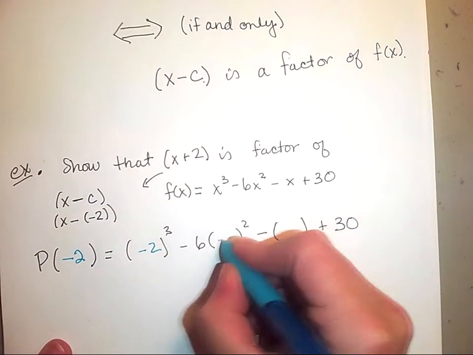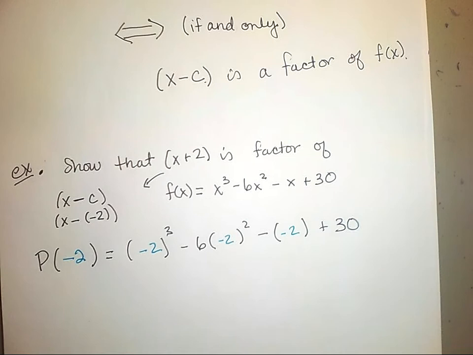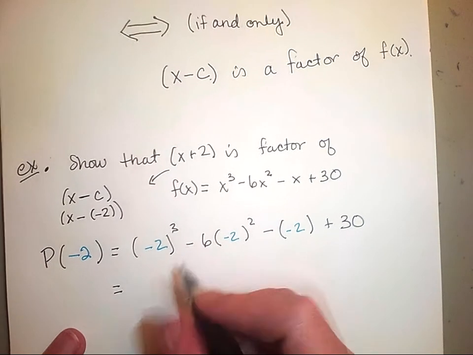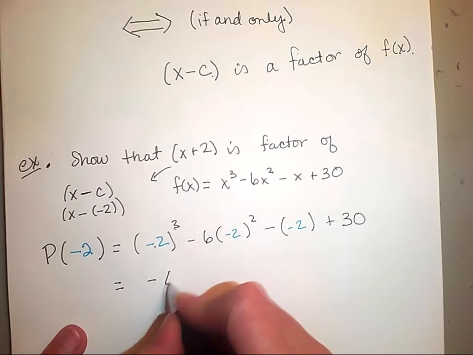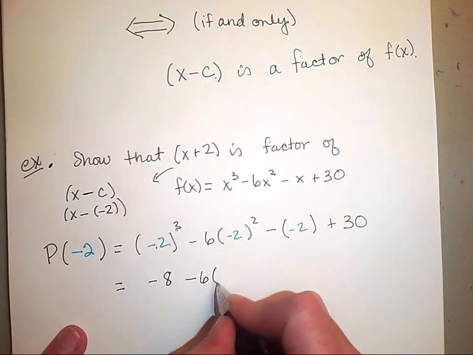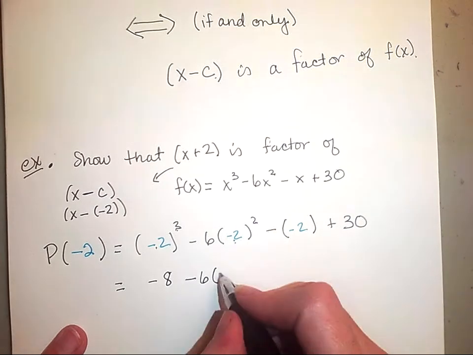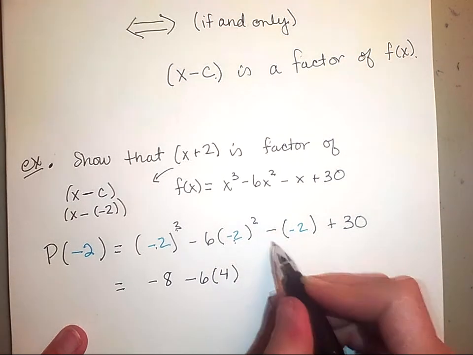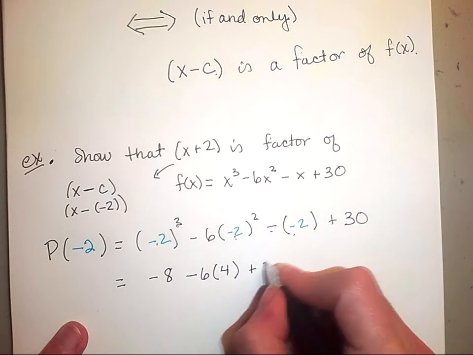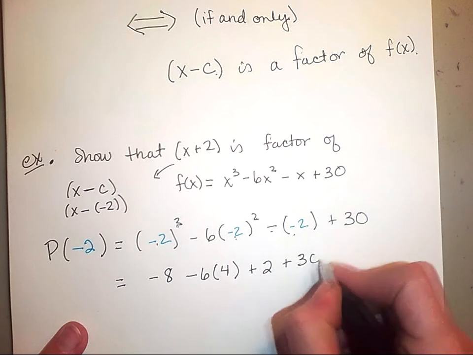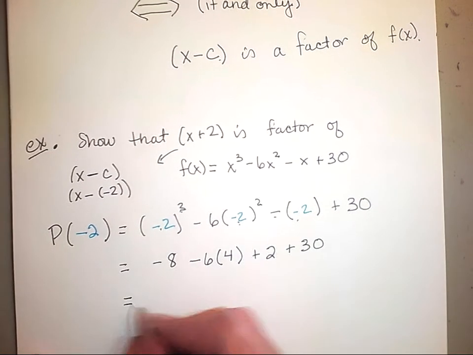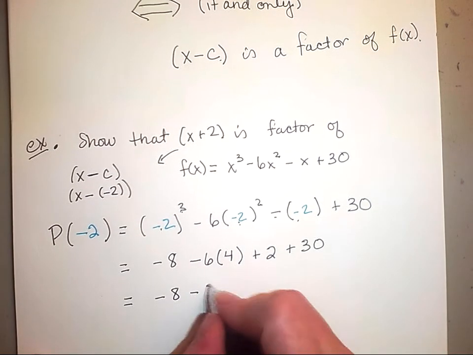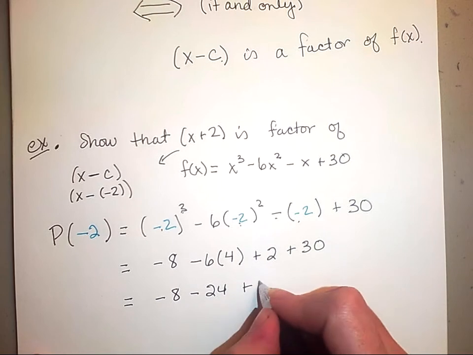Okay? Now, negative 2 cubed is negative 8. And we have minus 6 times negative 2 squared, which is positive 4. A minus and a minus became plus. And then 30. So negative 8 minus 24 plus 2 plus 30. Okay.